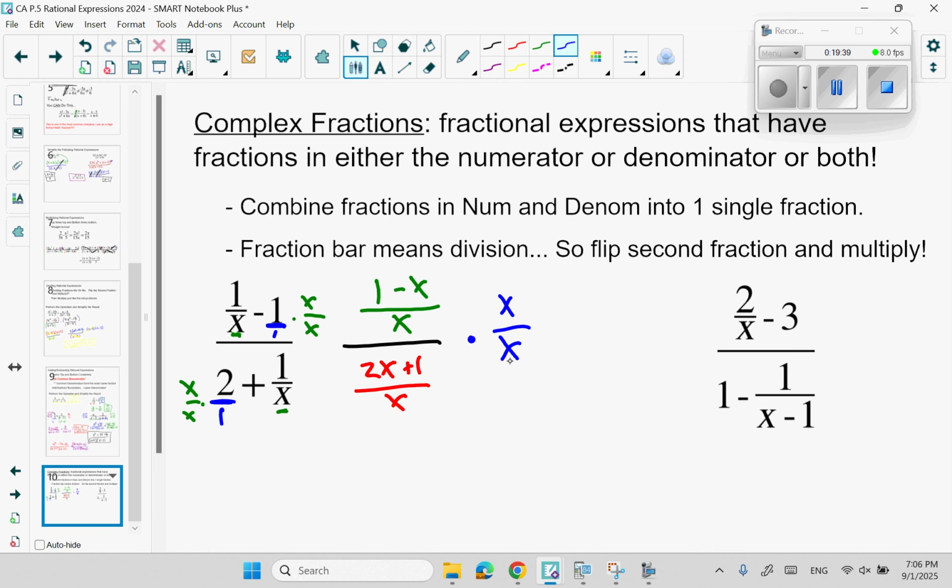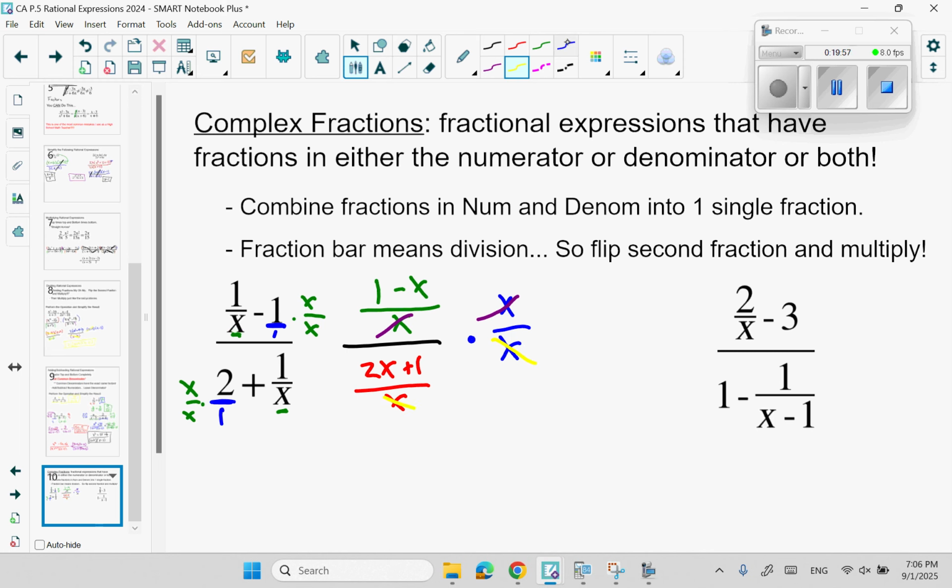Well, if I do that, if you look in green, I'm dividing by x, but now I'm multiplying by x. So these x's cancel out. And down here in red, I'm dividing by x, but I'm also multiplying by x, so these cancel out.